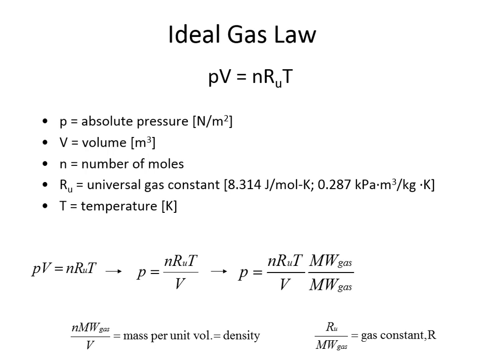That's density. And if you divide the universal R value by the molecular weight of the gas, each individual gas has its own gas constant R. We can rearrange that to find the density of a fluid as a function of pressure, the R value of that fluid, and the temperature in Kelvin.